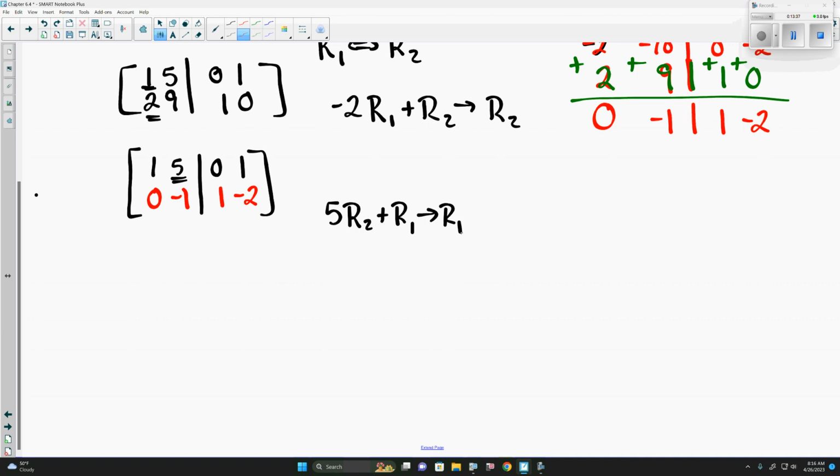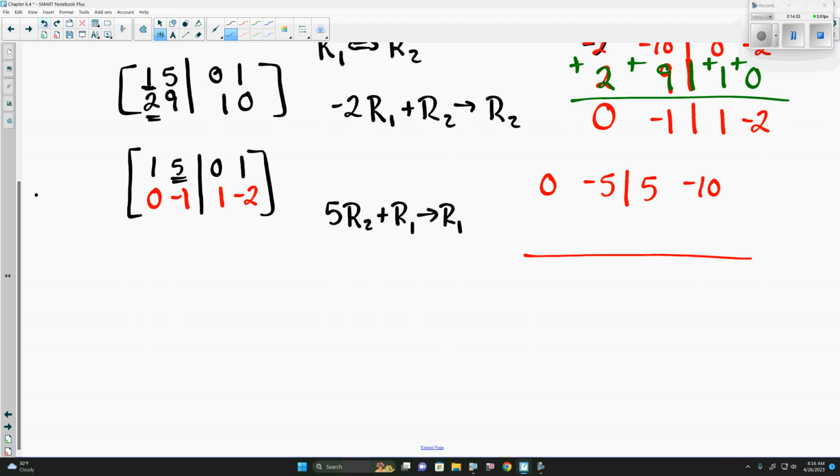I'm not changing the sign, because if we multiply row 2 by 5, we would have 0, -5, 5, -10. The 5 is already negative because of the -1, so we don't have to do a whole lot to it.